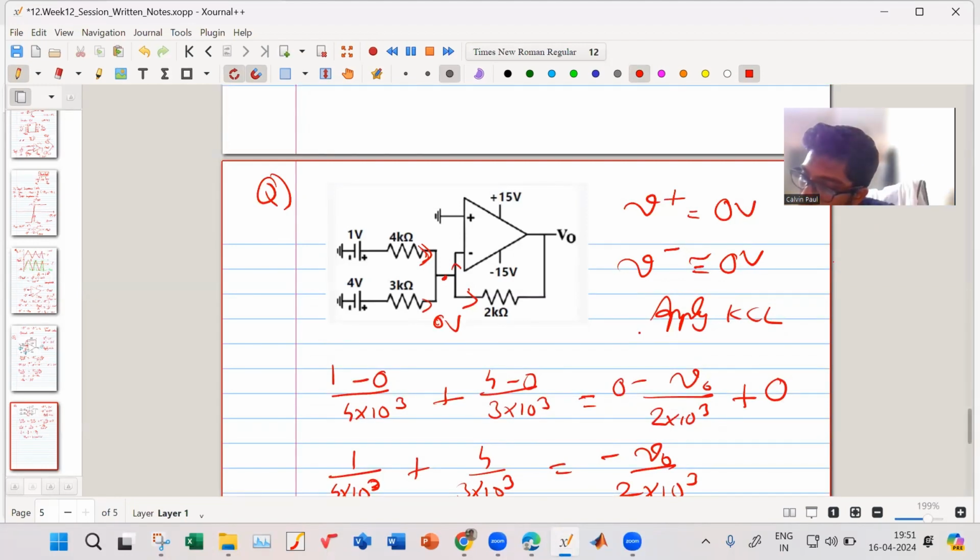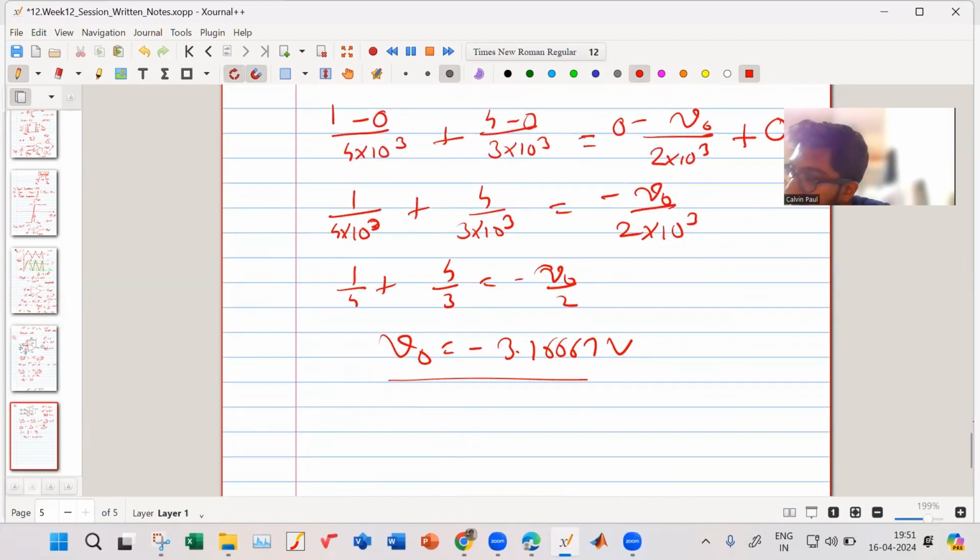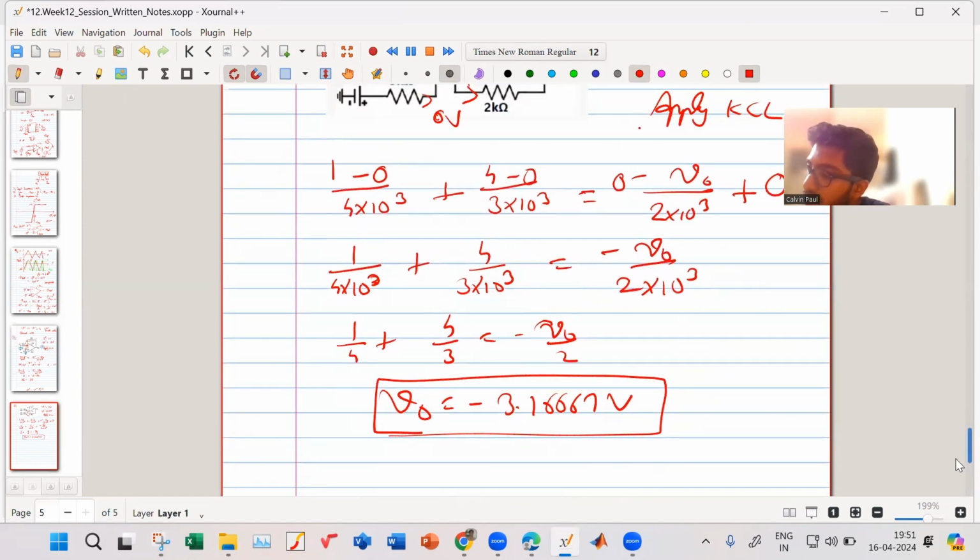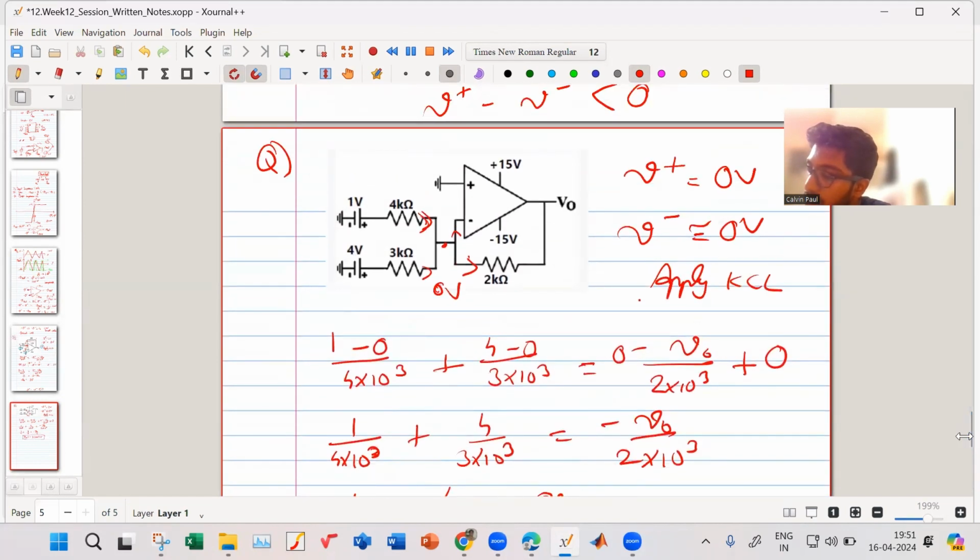Hence, your V plus minus V minus is less than 0. So what are you getting? Your V output, you're getting it to be negative. It's minus 3.1667 volt. So this virtual ground concept actually is applicable.